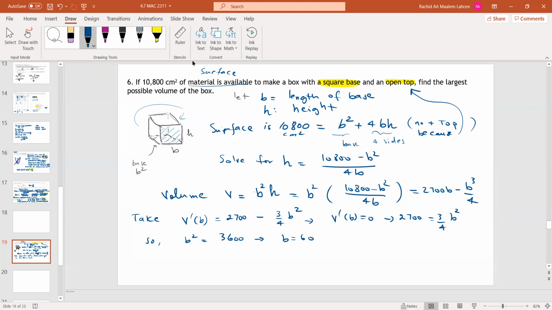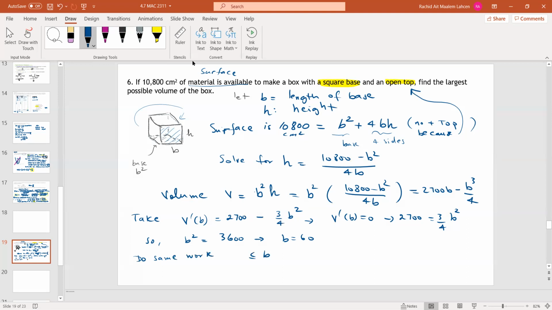Here we'll do the same thing. We're going to investigate whether this maximum is between 0 and 60, and what happens for V prime. So we do the same work.